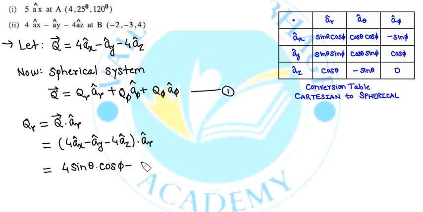Now this minus ay, so ay dot ar. ay dot ar is equal to what? Sin theta sin phi. So put that value over there. And what is the dot product between az and ar? The dot product between az and ar is equal to cos theta.